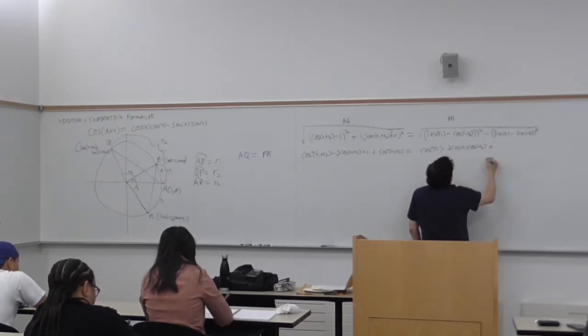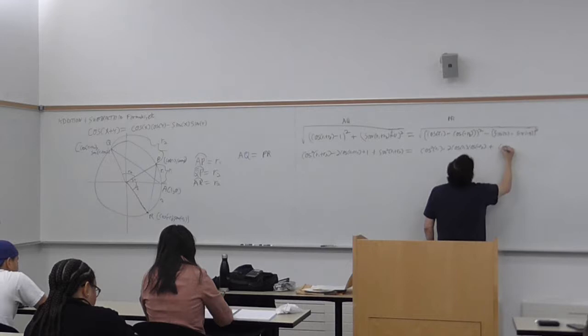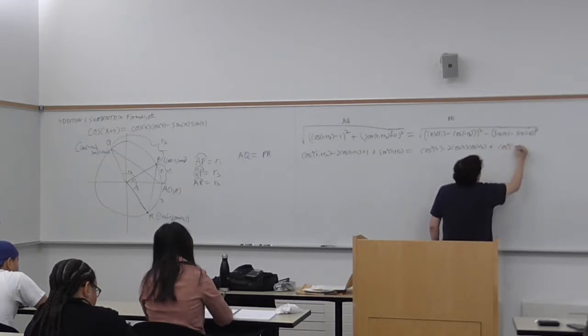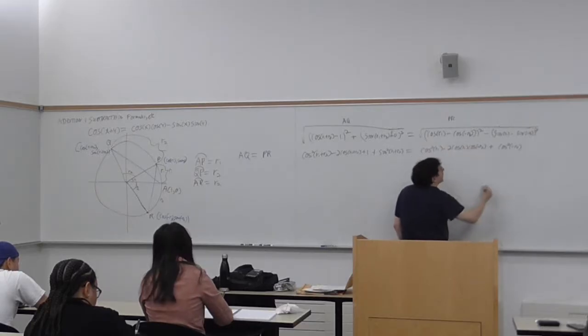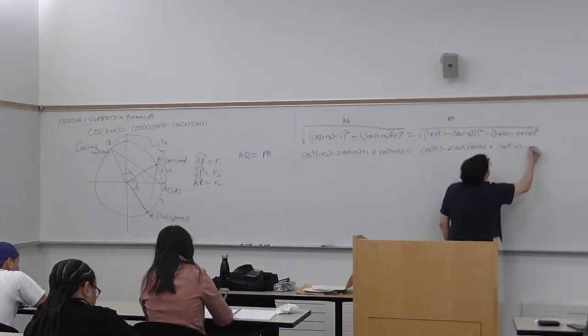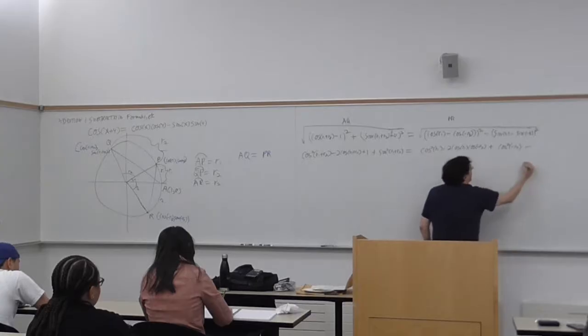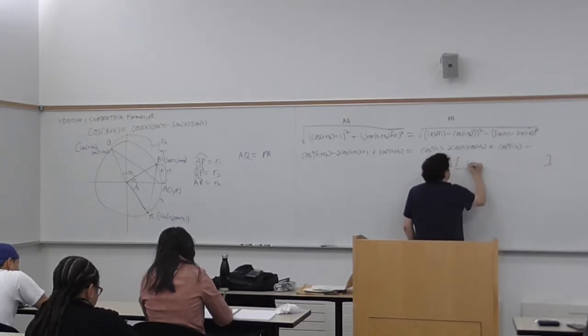I'll run out of room, but that's okay. Plus cosine squared minus r2. Okay, that's just this first part. And then we have to subtract what's in here.